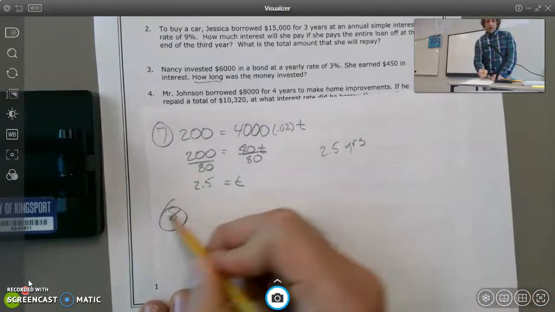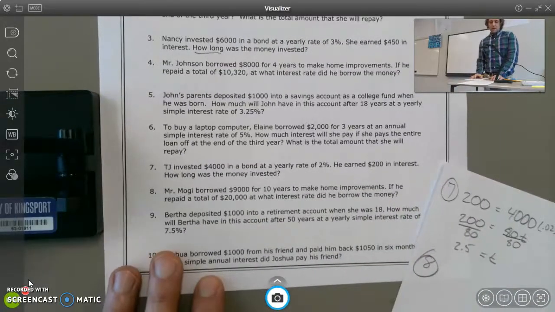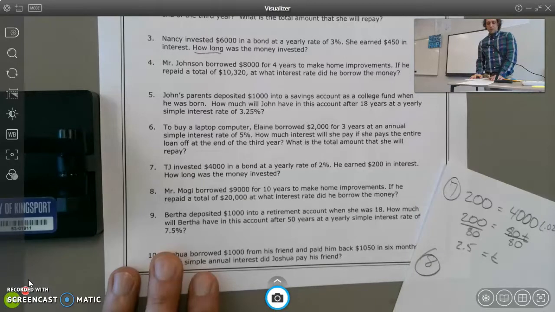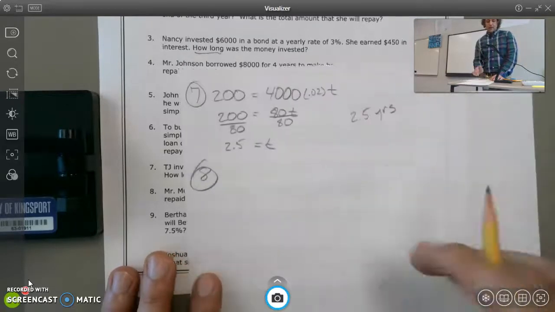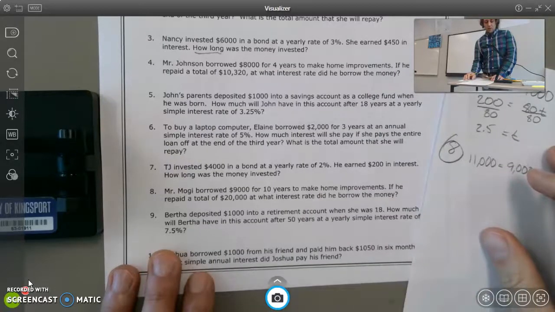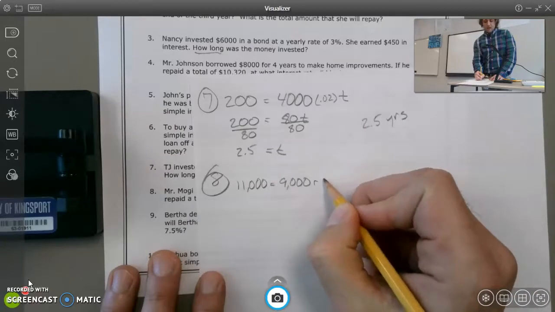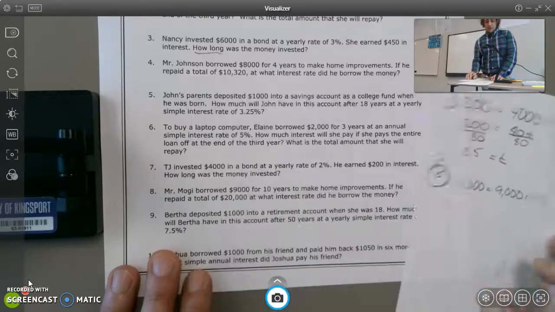All right, 8. Mr. Mogi borrowed $9,000 for 10 years to make home improvements. He repaid $20,000. At what interest rate did he borrow the money? So he ended up paying $11,000 interest on a $9,000 loan that he borrowed for 10 years. So R times 10. 10 years, right?